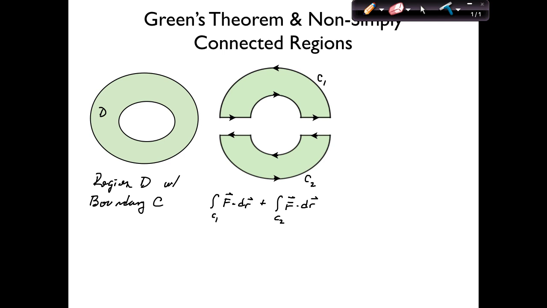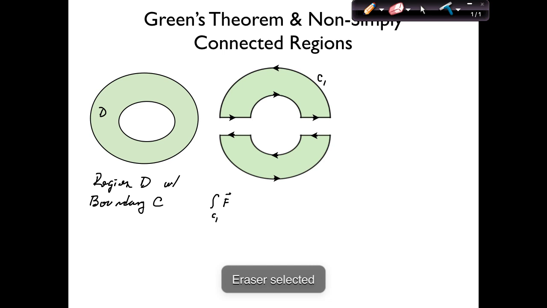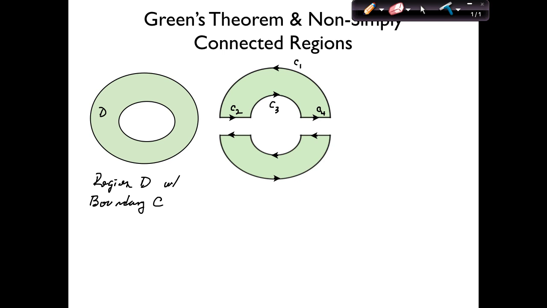Let me break it all the way up here. So this is C1, C2, C3, C4, C5, C6.